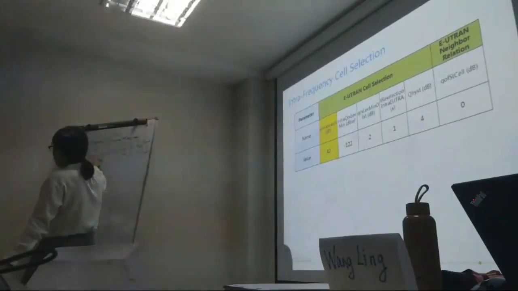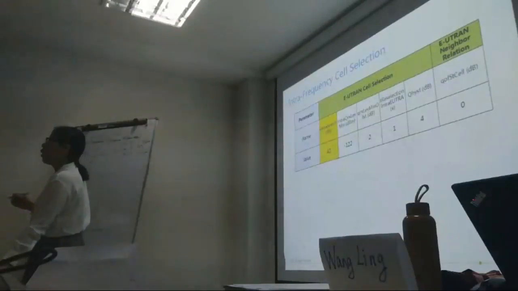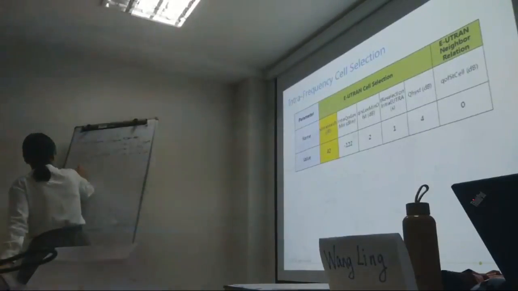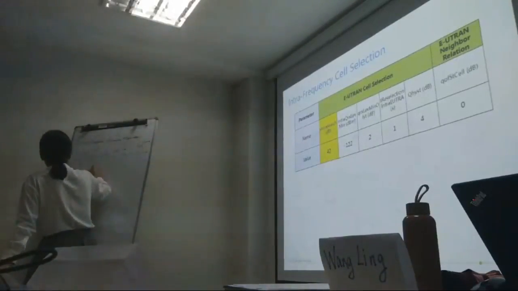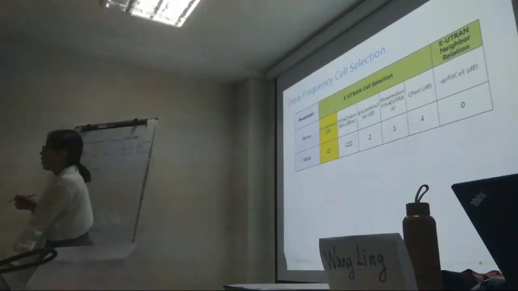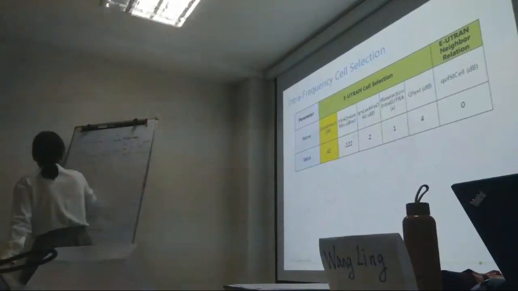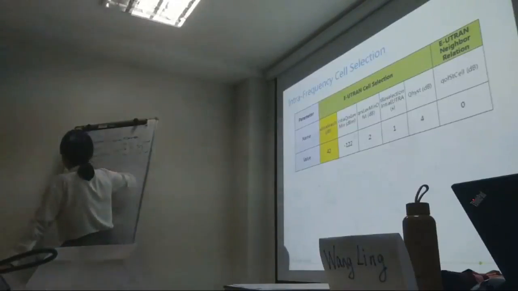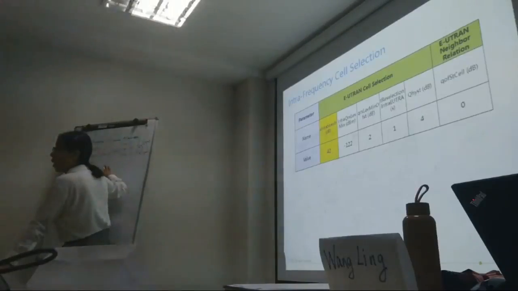For this ranking, every cell will have a ranking value. The easiest is that for the serving cell, the ranking is the serving cell RSRP, and the neighbor cell ranking is the neighbor cell RSRP. I just consider the RSRP value.